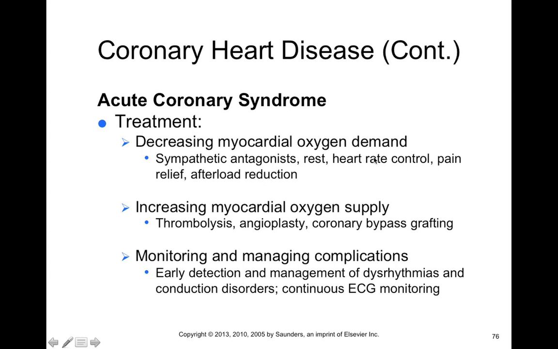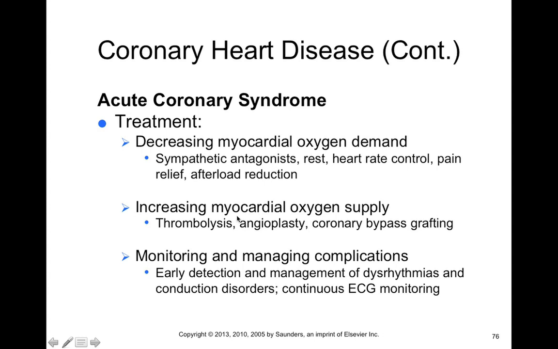Adequate rest, heart rate control, pain relief, and afterload reduction, which is ultimately just blood pressure or diastolic blood pressure. So if you can reduce someone's diastolic blood pressure, then it's easier for the heart to eject blood and get blood moving downstream.